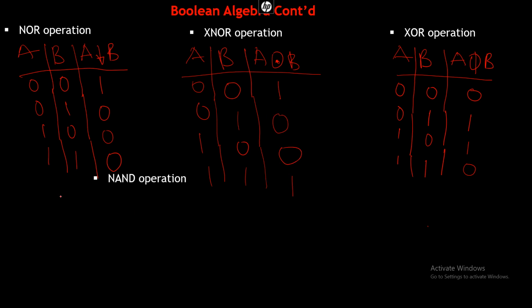Then we have the NAND operation here. So in our NAND operation, we have A, B here, just like we have in the others. Then take note of the symbol here. It's an arrow pointing up. So here you have the combinations possible. 0, 1, 1, 0, 1, 1.